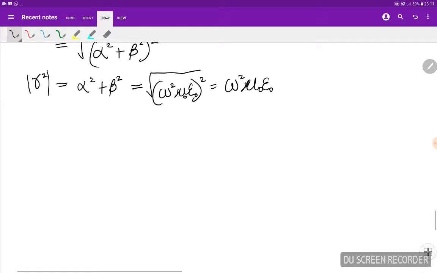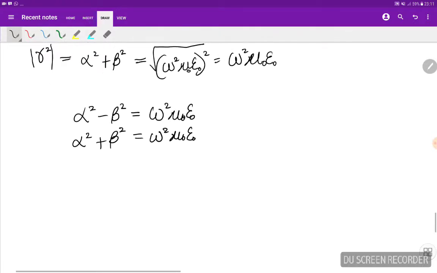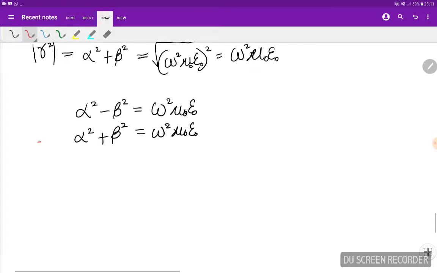So that means we can see that α² − β² is equal to this, and α² + β² is equal to the same thing. So if we solve it simultaneously, put a minus sign, then you get minus 2.